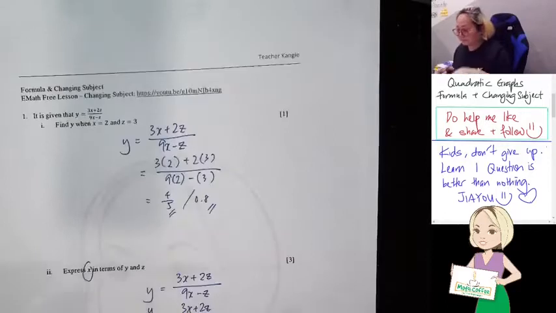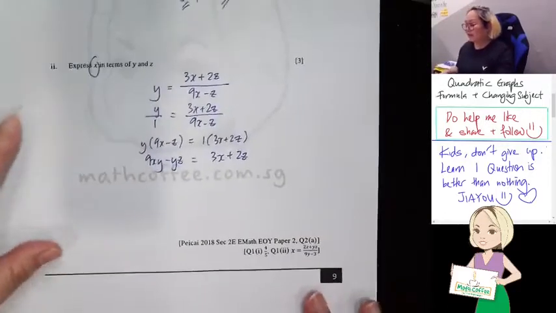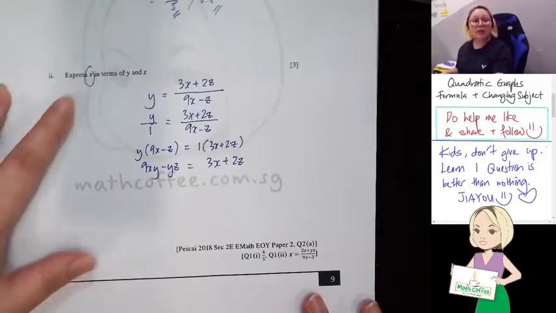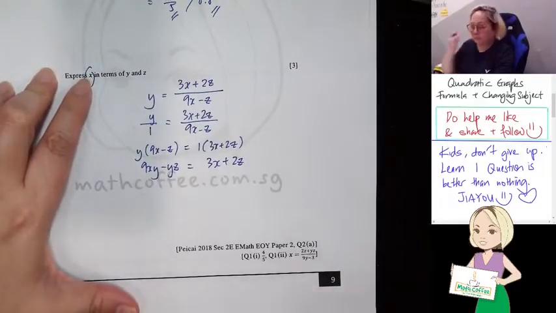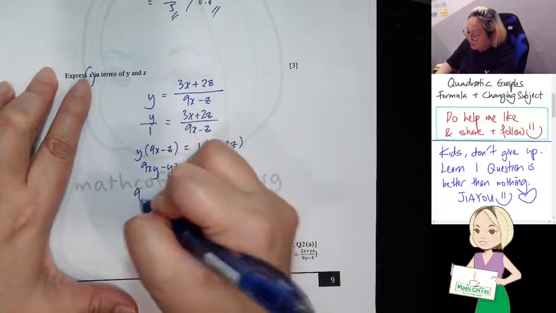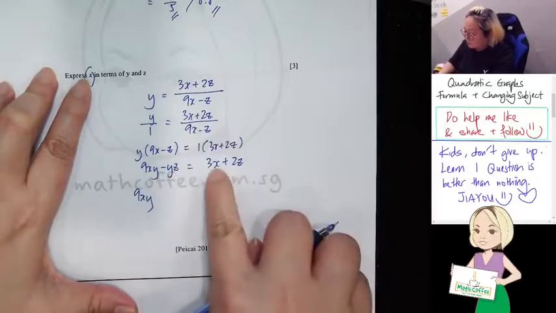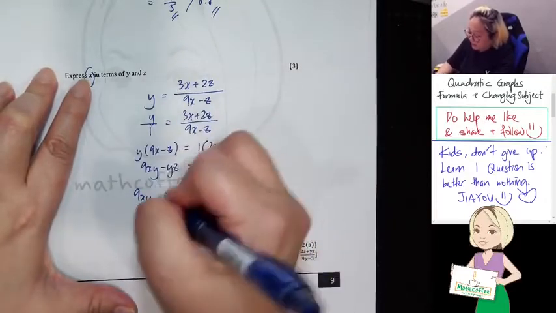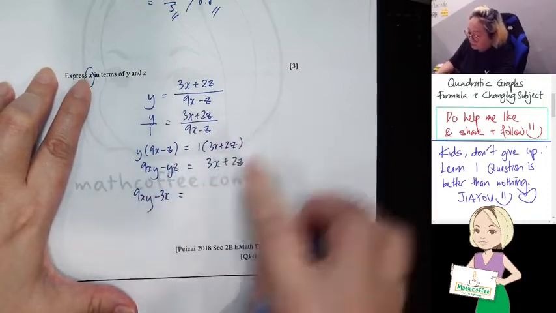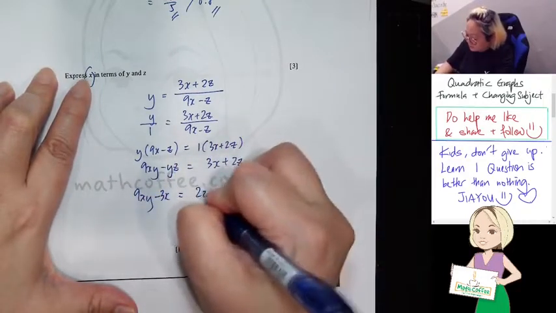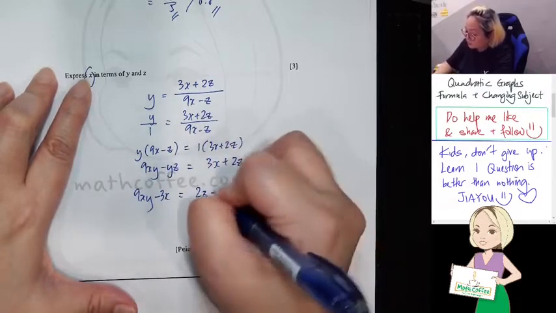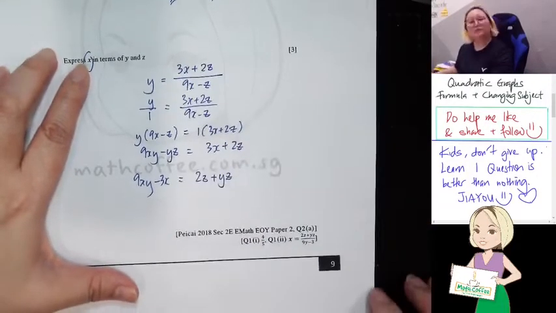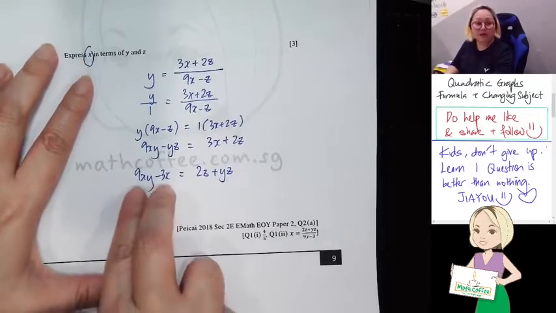Okay? So I have simplified this part. Then next thing is, I want to make the x a subject. So all the terms that have x throw to the left hand side. So 9xy will remain. This 3x I bring to the left hand side become minus 3x. 2z will remain. Minus yz got no x, so I'm going to throw it to the right hand side. So it's plus yz. So now I have two terms that have x.